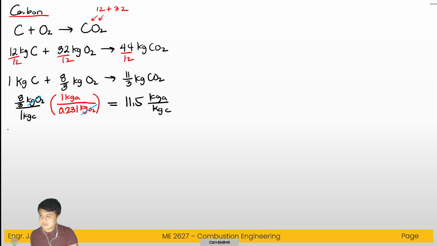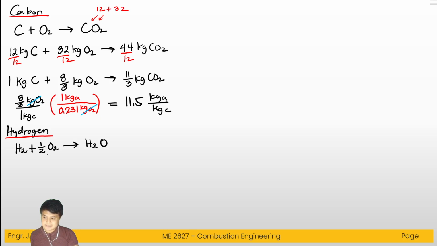How about hydrogen? Let's say you have a fuel, H2, which is diatomic. To combust hydrogen, you need one half of a molecule of oxygen to produce one molecule of water vapor. This is already balanced; that's why we have one half here.